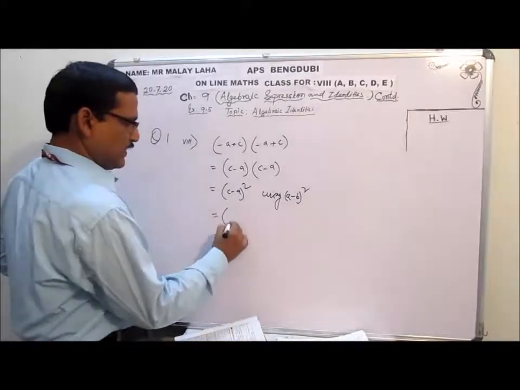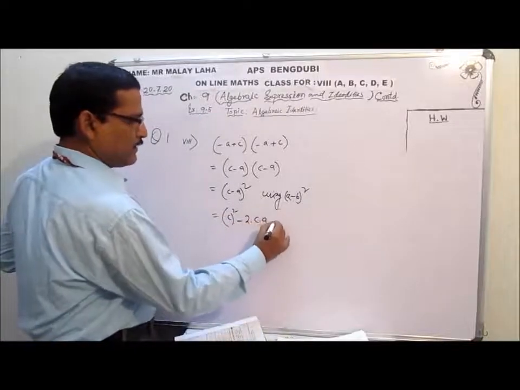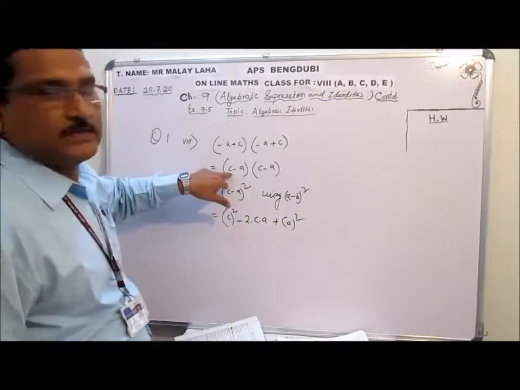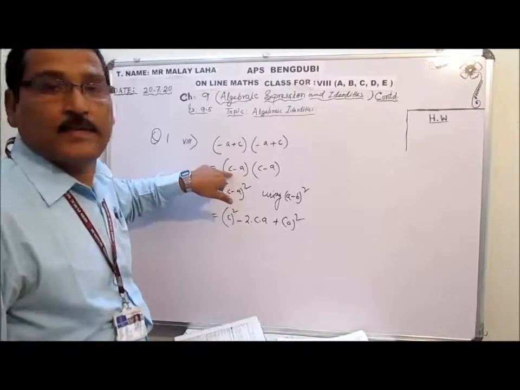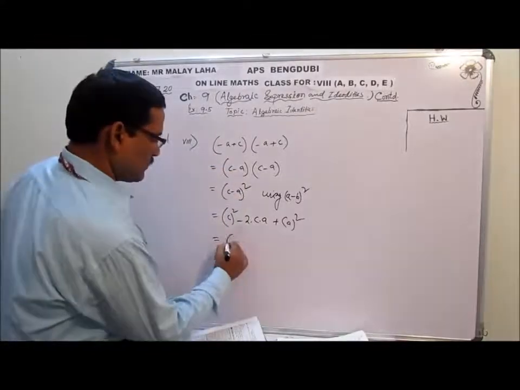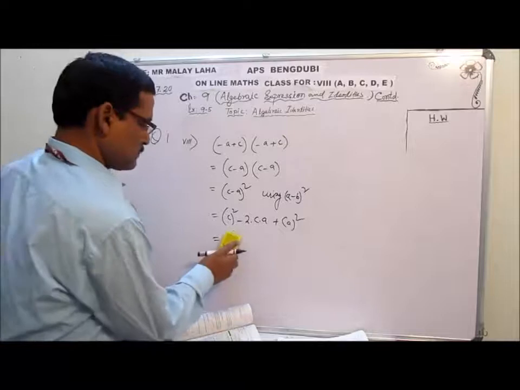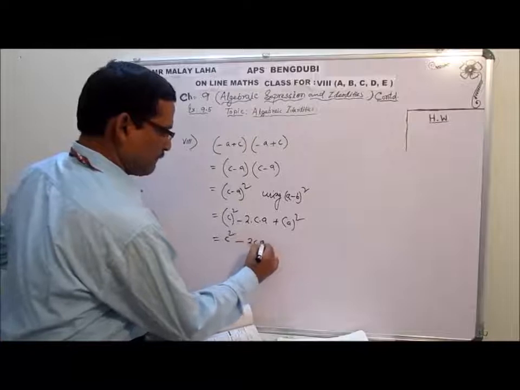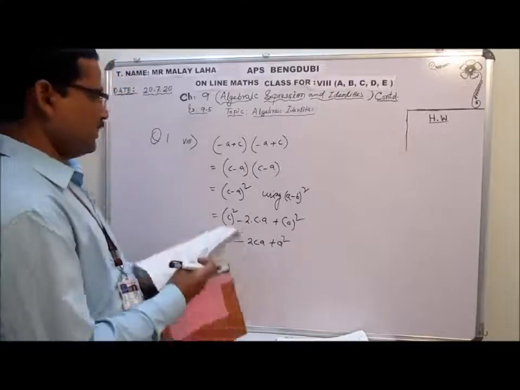That means a square means c square, minus twice a means c, b means a, plus b square means a square. Whatever the first part, it may be the numerical factor or literal factor, you treat it as a, and the second part you treat as b. So it will be c square minus 2ca plus a square. Any doubt?